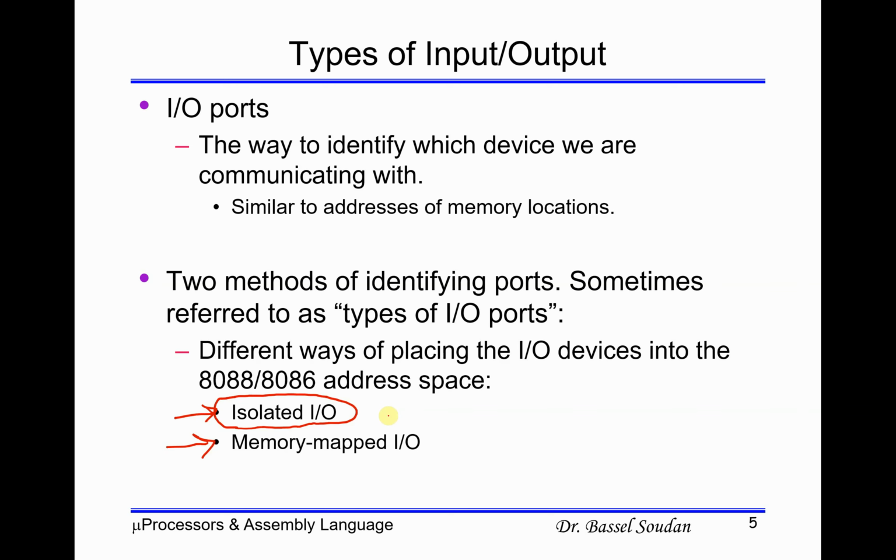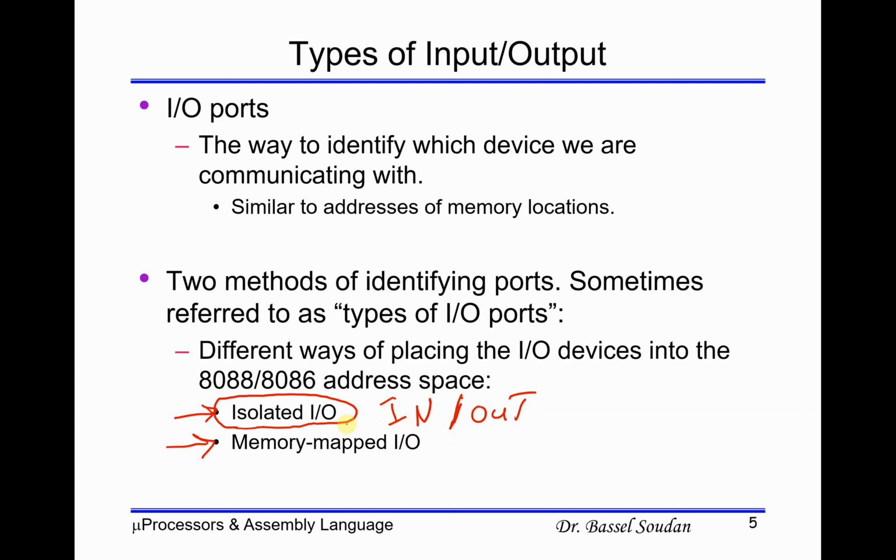I have particular instructions to talk to the input output devices, and those instructions are the in and out instructions, as we will see shortly in the following slides. Okay, this is the first difference between the isolated I/O and the memory mapped I/O.